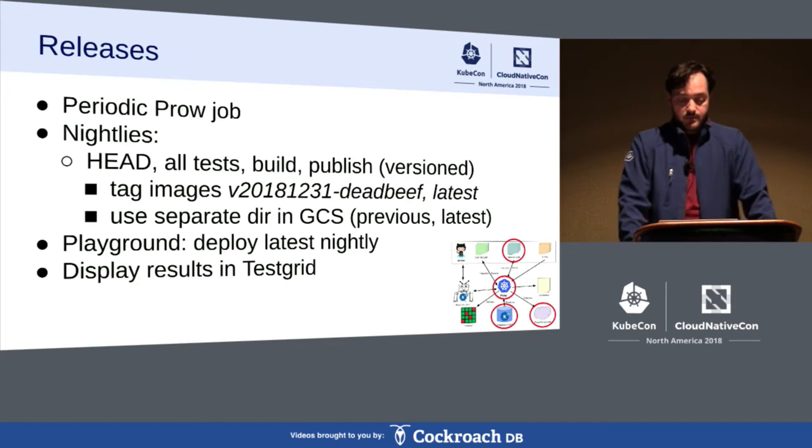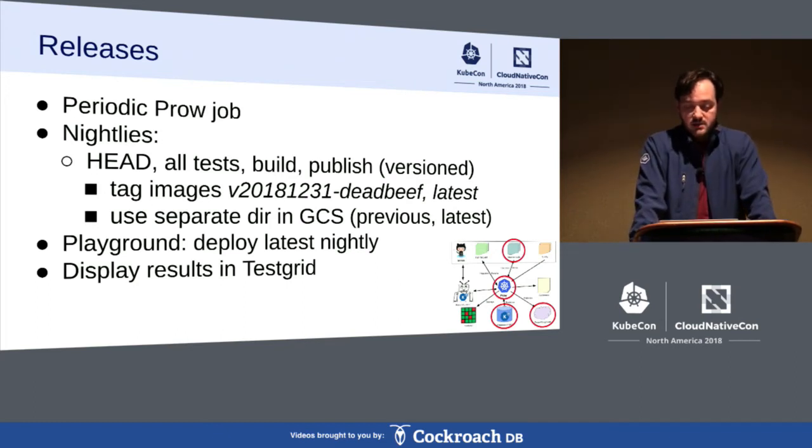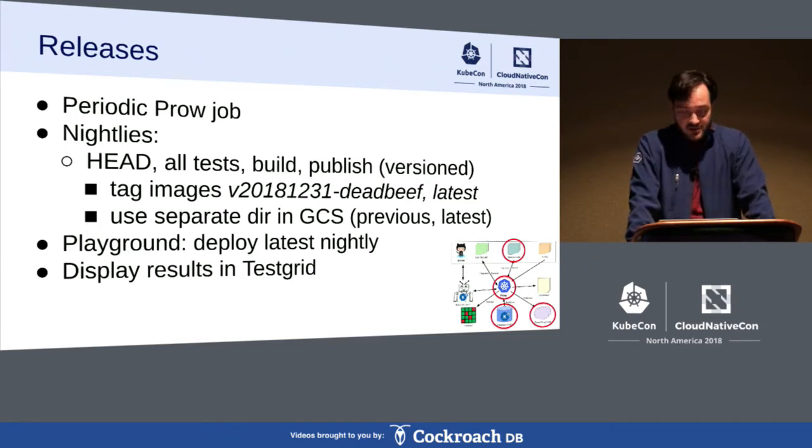We also have the playground that is an environment that is deployed every Saturday using the latest nightly. So although every Saturday your deployments will be destroyed and vanish, at least you have the whole week to test them with Knative.